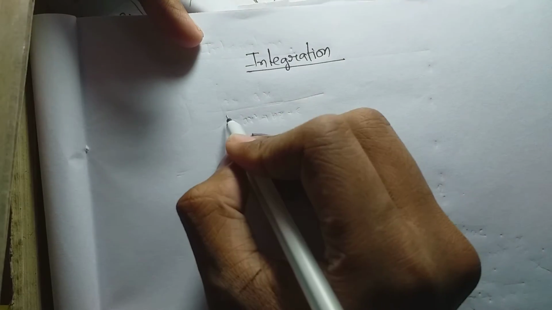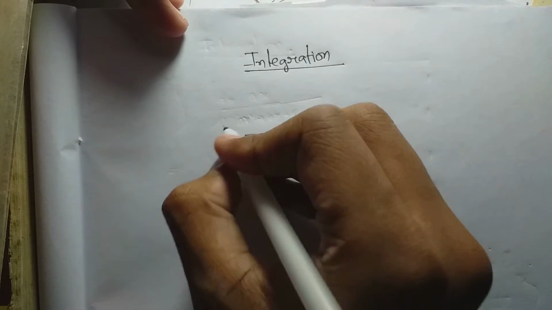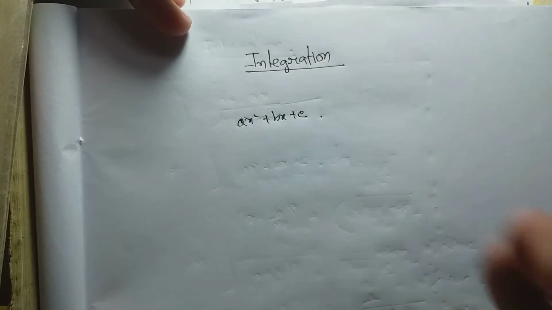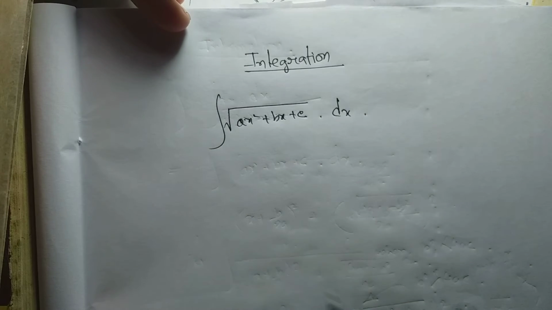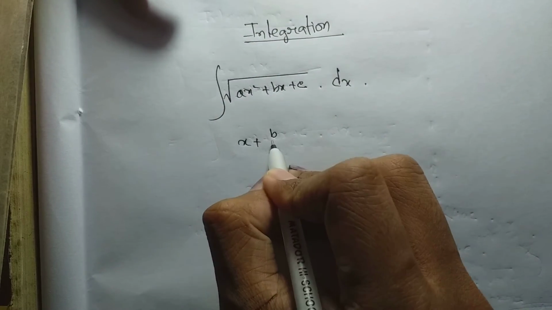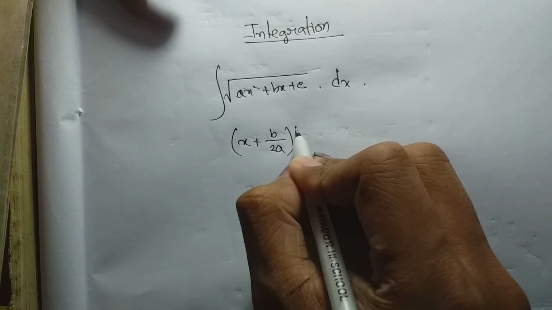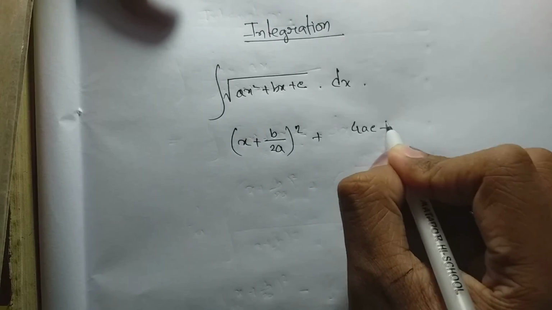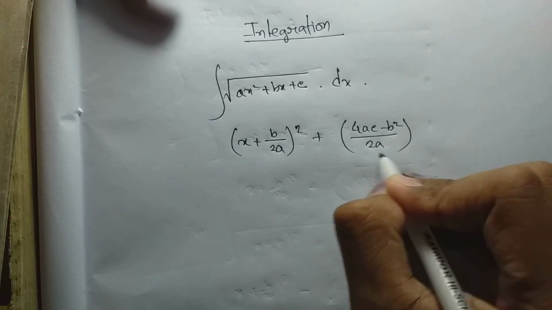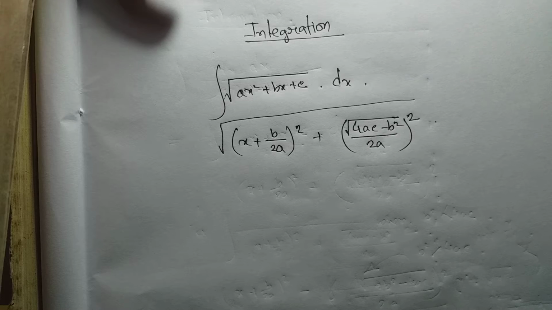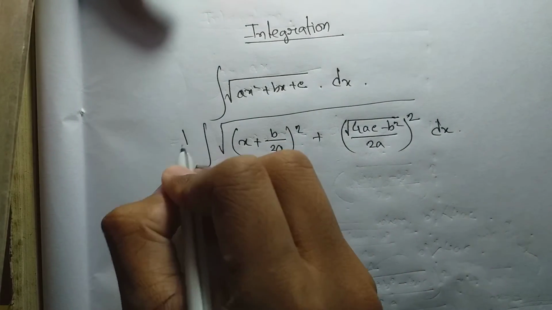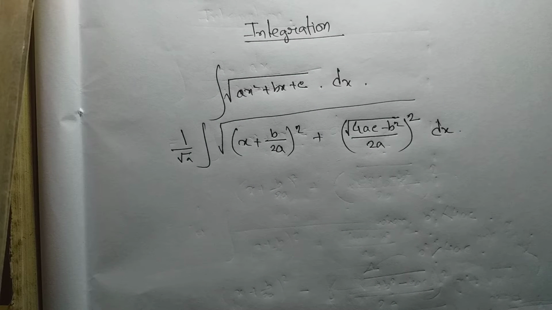Suppose there is a quadratic equation, x squared plus bx plus c, and here is given the integration of root over x squared plus bx plus c. We put this under this formula: x plus b by twice a, whole squared, plus 4ac minus b squared by twice a, whole squared, under the root, dx, with 1 by root a outside.